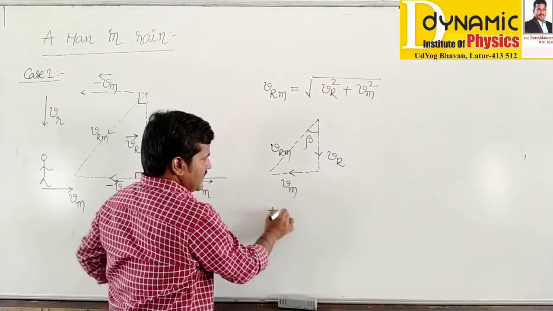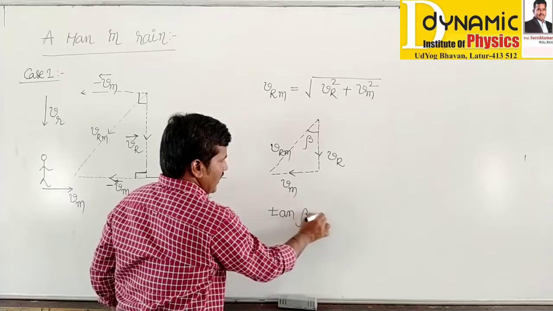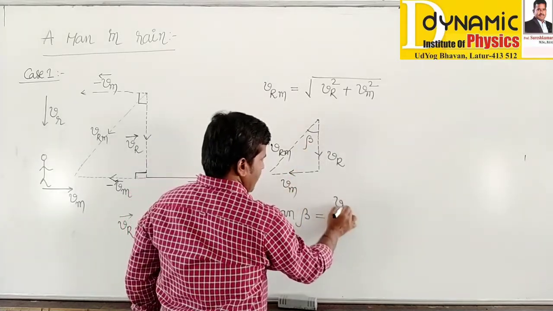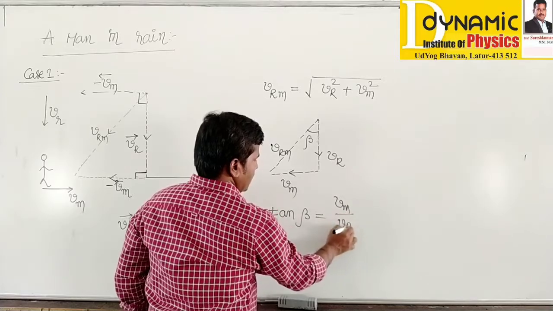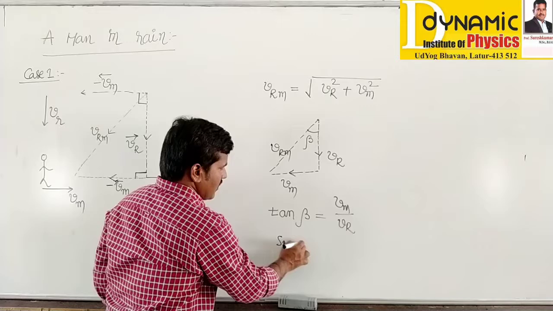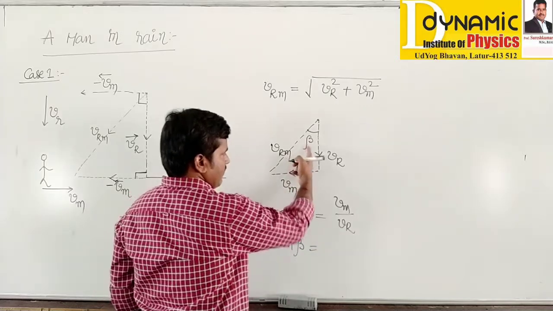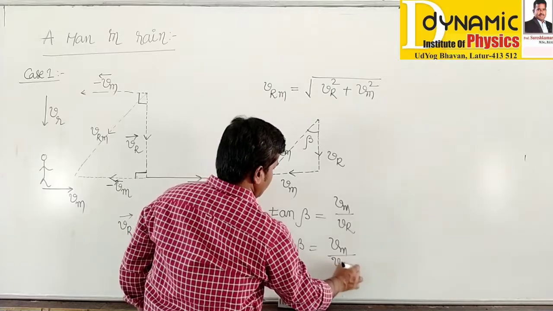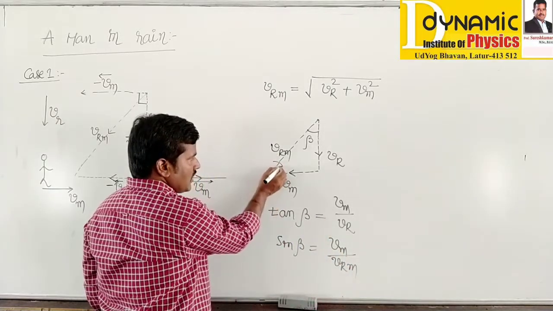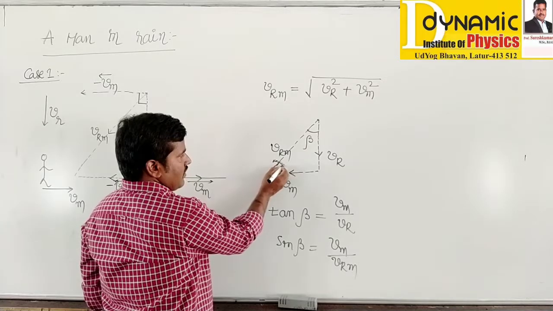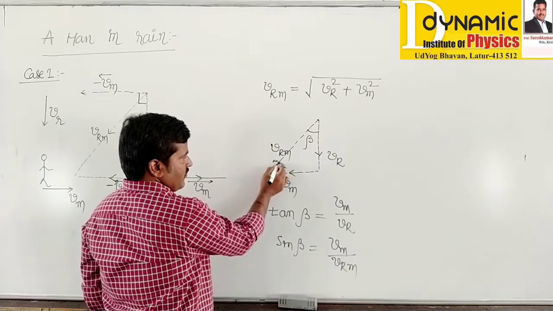Then tan beta is written as opposite V man upon V rain, and sin beta is written as Vm upon V rain with respect to man. This is the position of the umbrella to save the person from this rain.